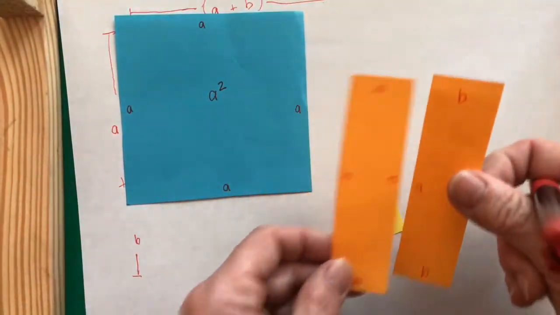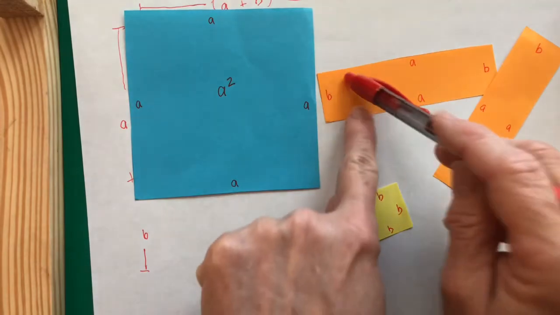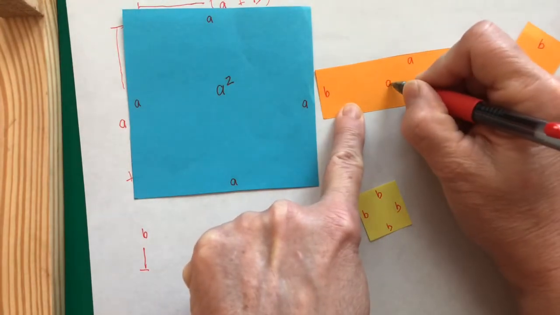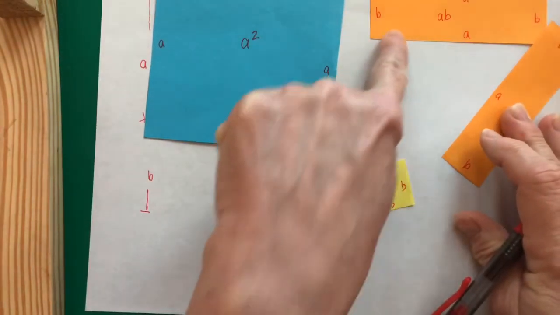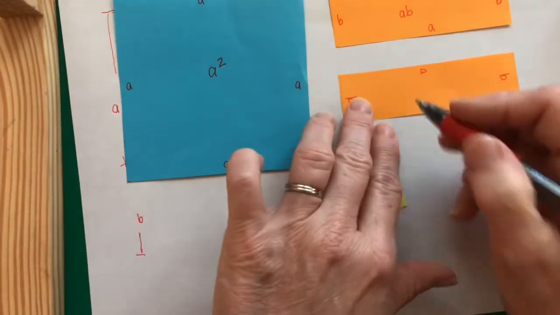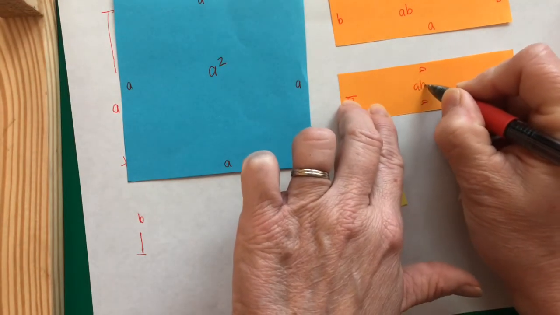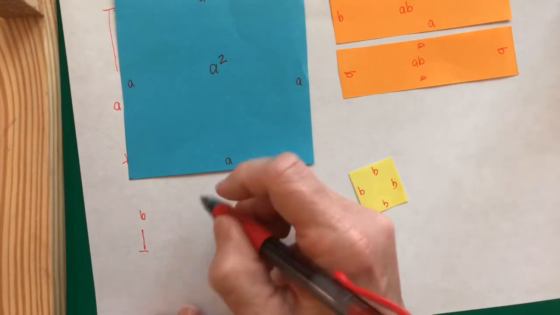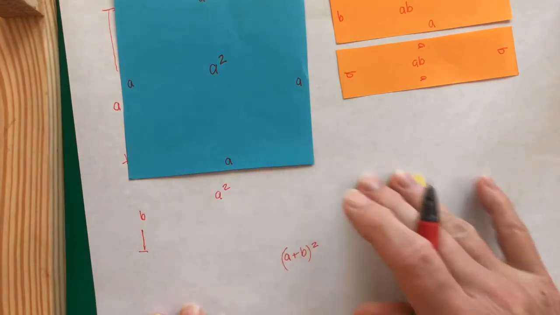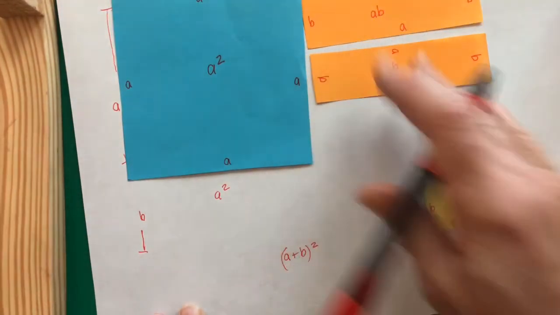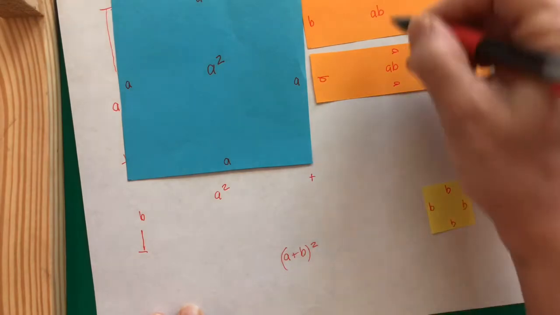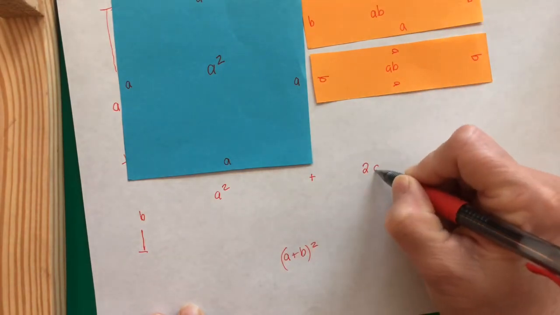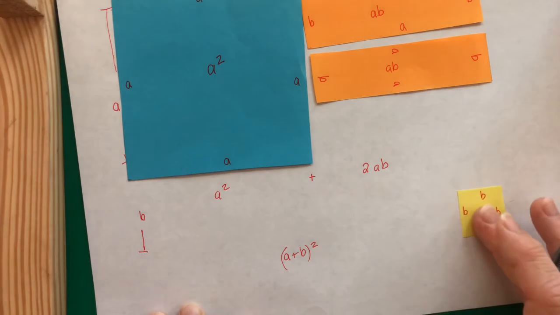Now what about these two? These are the same, and they are a times b, so the area of this one is ab, and the area of this one is also ab. So together, this was a squared, and then we had plus two of these, 2ab. Now what do we have left?